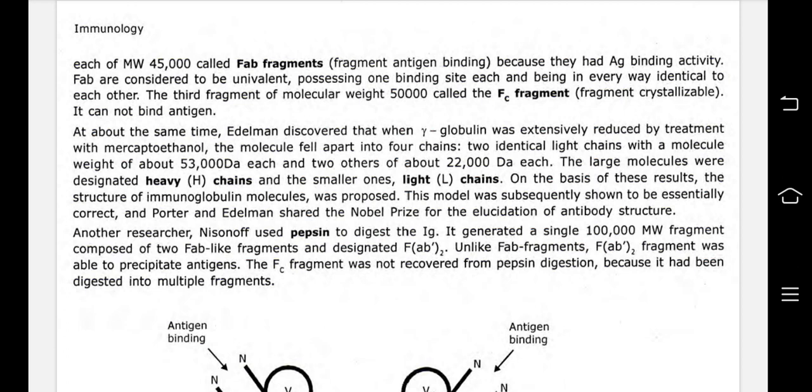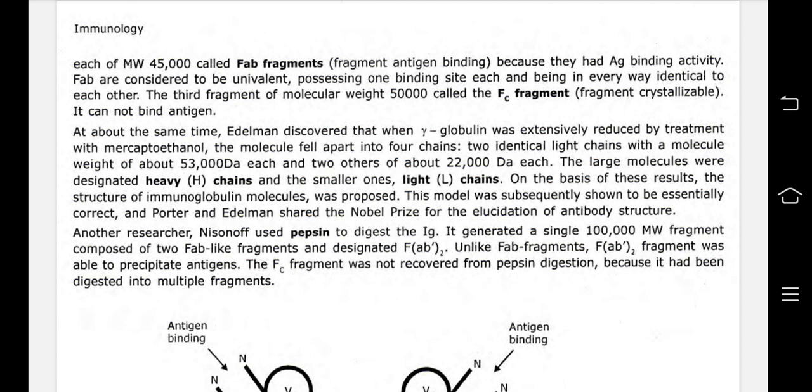Fab fragments are considered to be univalent, possessing one binding site each and being in every way identical to each other. The third fragment, of molecular weight 15,000, is called the Fc fragment, fragment crystallizable. It cannot bind antigen.